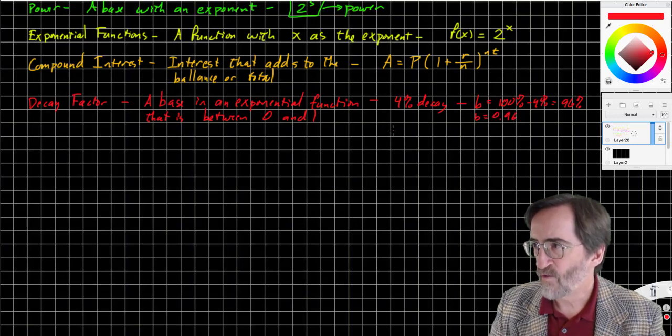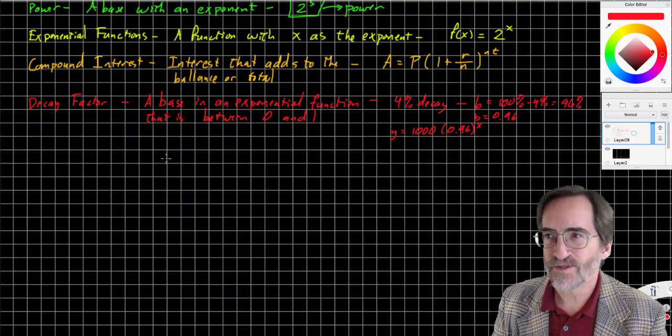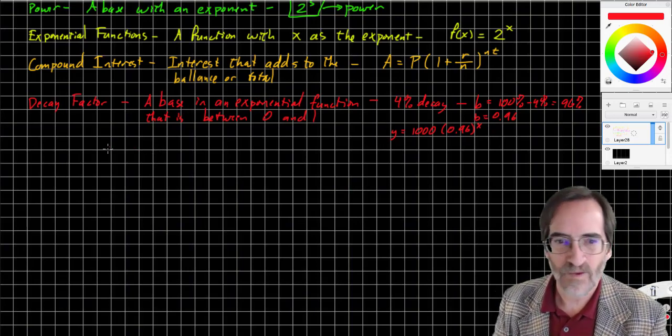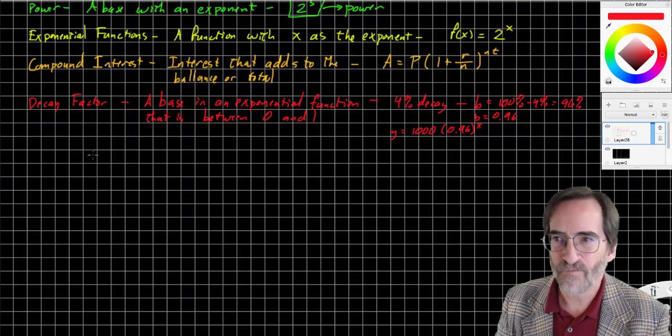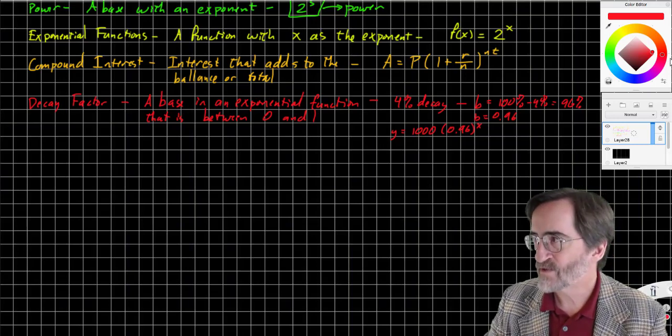So we would write Y equals the amount in the account, let's say it's $1,000, times 0.96 to the x. That would be an account in decay, or an exponential decay formula. Decay factor.